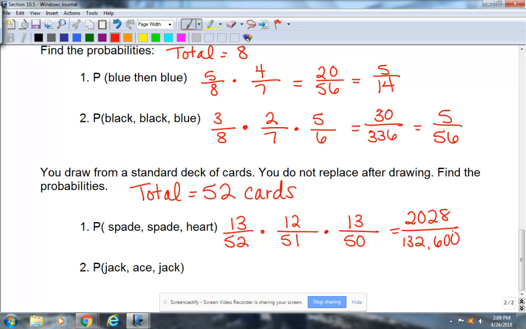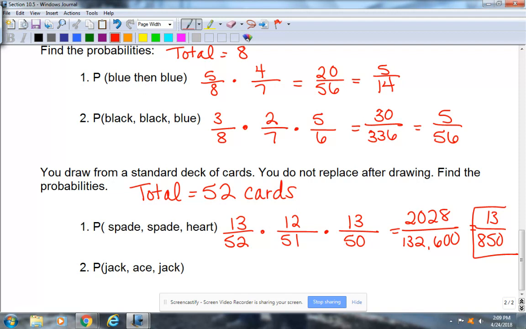Let's see if that'll math enter in. It will, won't it? What'd y'all get for that reduced fraction? 13 over 850.